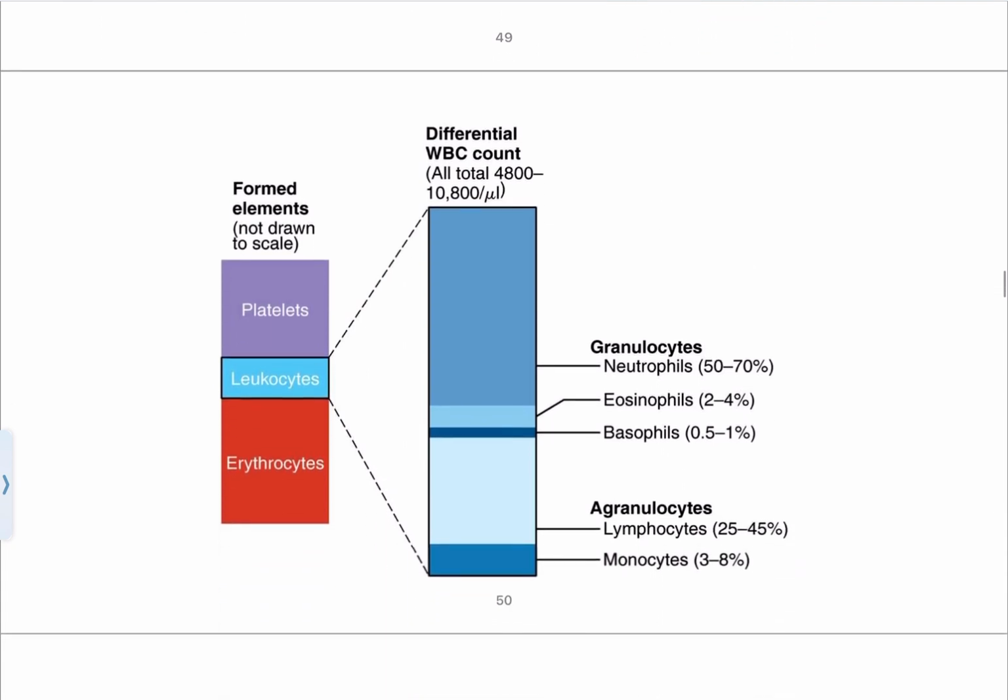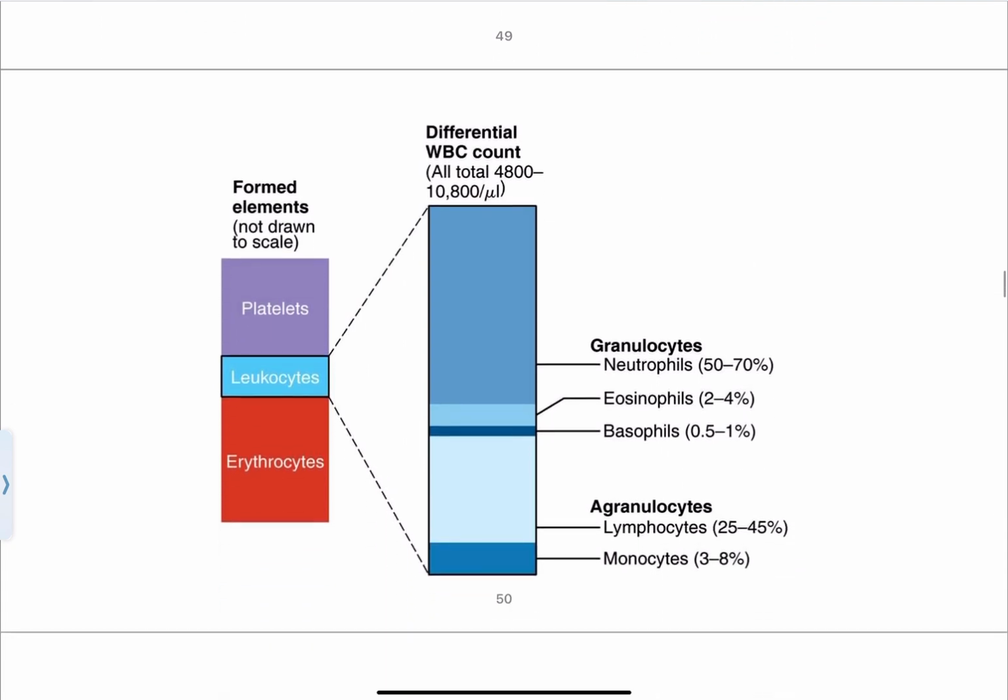So this is a good illustration of that right now. If we take our leukocytes and do a differential white blood cell count to see the quantity or the percentage of the specific leukocytes within our blood, we would typically see neutrophils representing anywhere from 50 to 70% of the leukocytes. Next would come our lymphocytes at 25 to 45%.